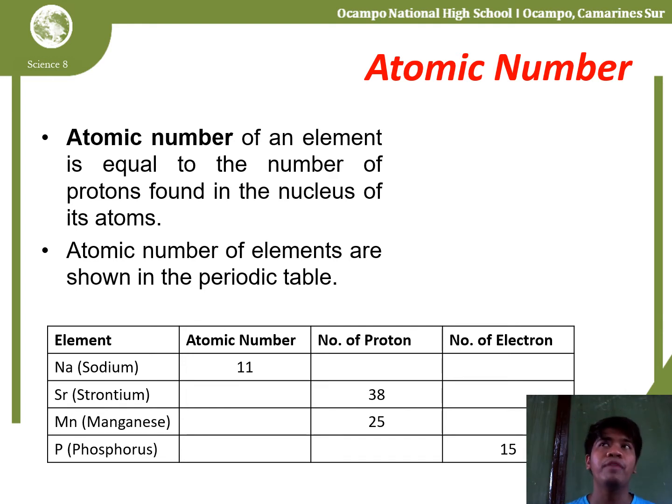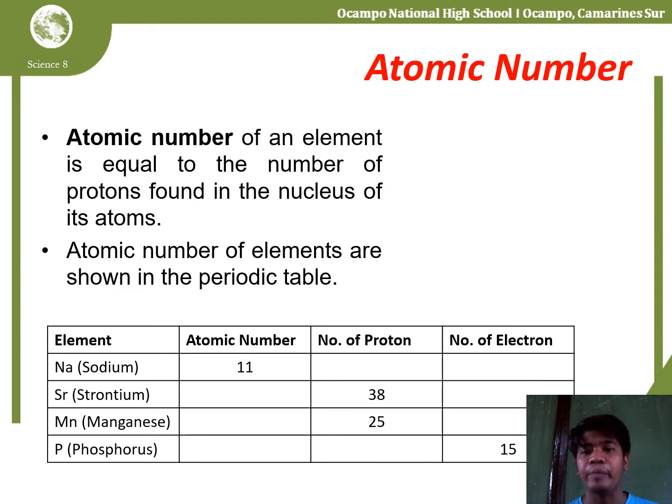And also, you have to remember that in a neutral atom, meaning neither positive, neither negative, hindi siya negative, hindi siya positive, in a neutral atom, the number of proton is equal to the number of electron. So kung alam natin yung number of proton, alam natin yung atomic number, at the same time, alam natin yung number of electron.